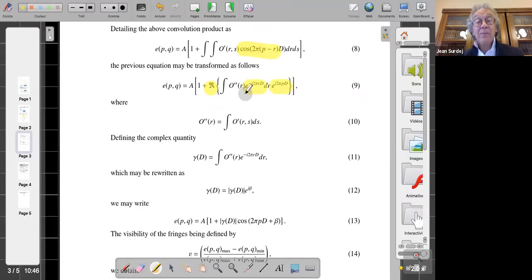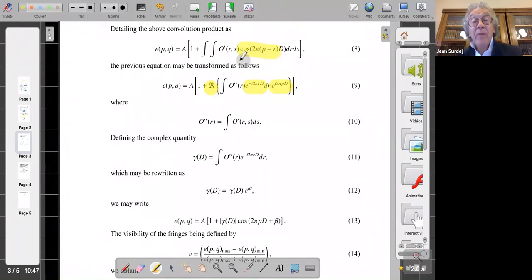Now we define a new quantity, which is in fact the normalized slice intensity of the source. So you see that indeed we have integrated the previous one with respect to the variable s. Because if you look here in this double integration, we see that the s variable doesn't appear in the cosine.